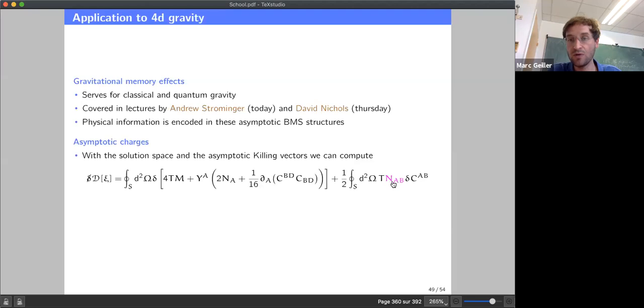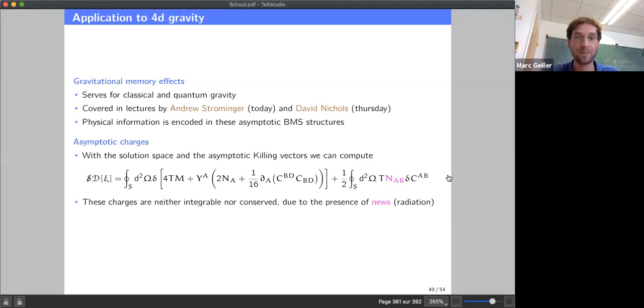You see that there is a news tensor N_AB times the variation of C_AB. Because the variation is here in the middle, this piece is obviously not integrable. The interpretation is that in 4 dimensions, precisely because of the presence of this news tensor, which is the fact that this space-time can have gravitational radiation, the charges are neither integrable nor conserved.